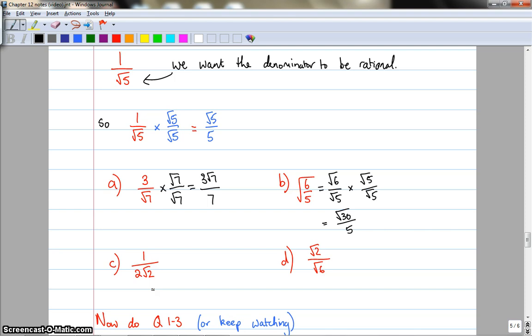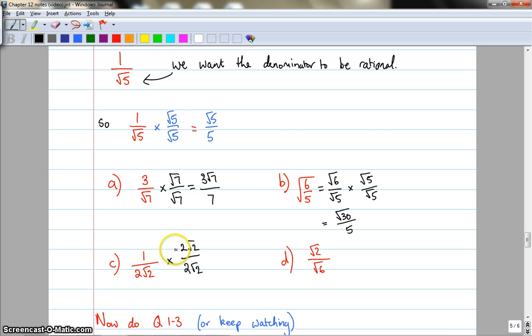Okay, so 1 on 2 root 2. Now with this one, there's actually two ways of doing things. You could just multiply both the top and the bottom by 2 root 2 if you wanted to. There's nothing wrong with that, and you'll get the right answer. The only thing is that you're going to have to cancel some of the numbers later on, because you're going to have 2's up here and 2's down here as well. Now the only thing that I've really got an issue with in this one is the root 2 on the bottom.